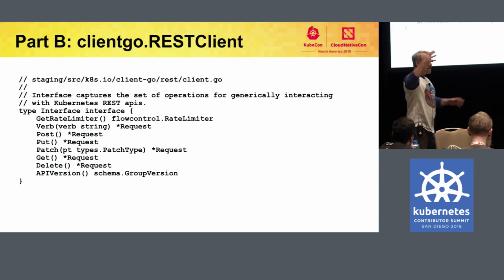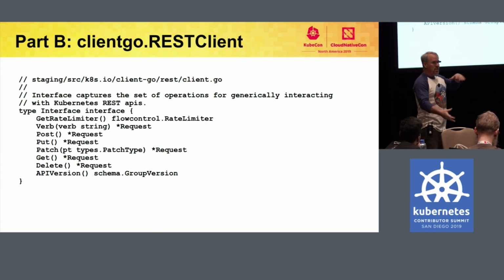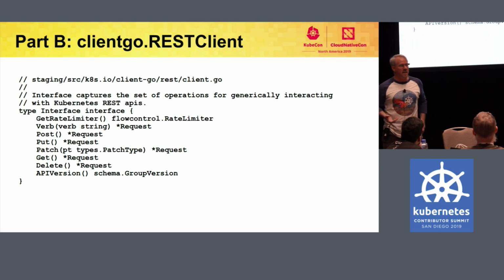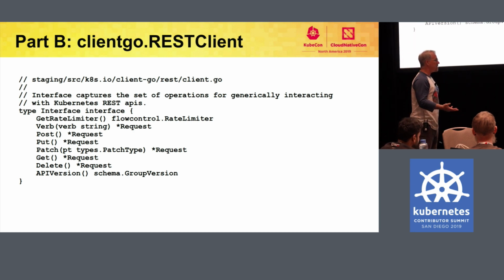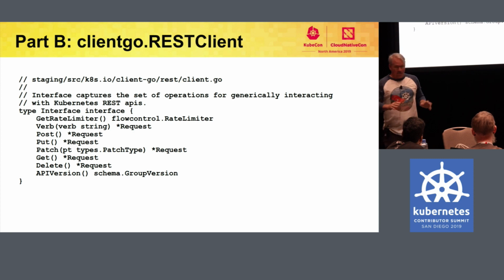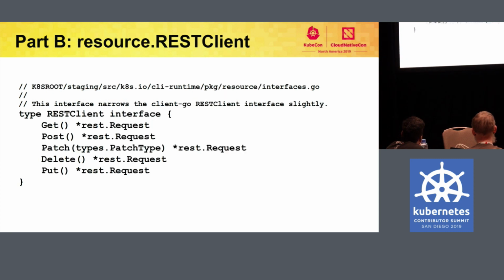So above the REST protocol, we have a REST client that's in client-go. And here's basically all of the methods that it understands. You can tell that most of these correspond to an HTTP method. There's a get, there's a patch, there's a put, delete, and then there's a couple of extras. Just so we don't get too confused, this is a narrowing of that REST client interface that we use.